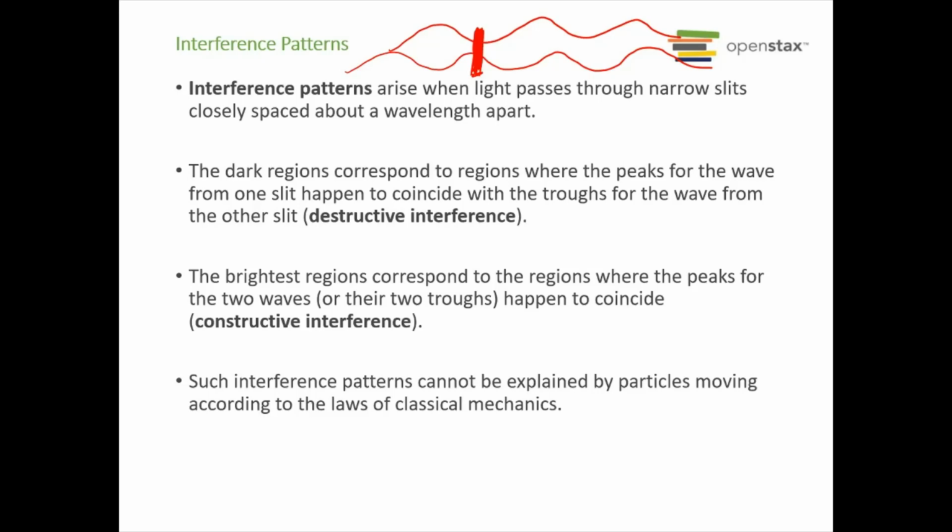They're destroying each other. Where if you have two peaks or two troughs that coincide with each other, this is a bright region. So there's going to be some that are a little dimmer than others, but the brightest regions, this is called constructive interference. They're adding together. So we can't explain this happening using classical mechanics, which is what we've talked about up till this point.